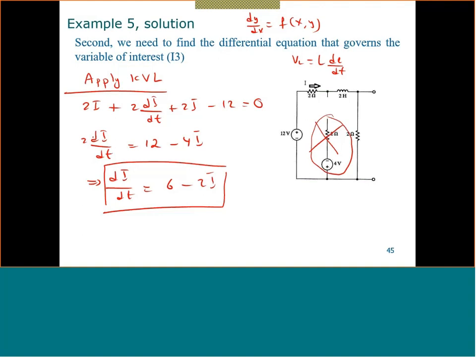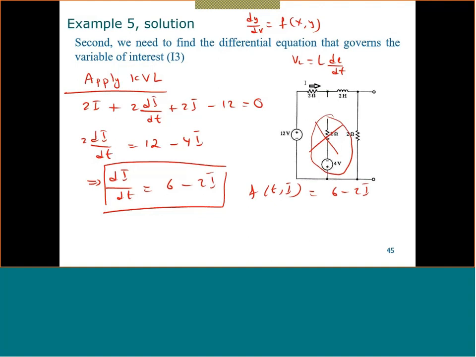This is the reason why I'm bringing these examples, to remind ourselves that this numerical method is a tool for us, and the bigger picture is that we are dealing with electrical and computer systems, and those systems need to be solved, and the numerical method is a tool that helps us to do that. Okay, excellent. So my function f of t and I is equal to 6 minus 2I.